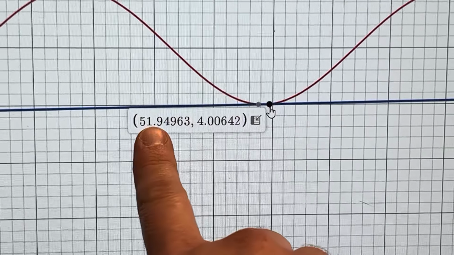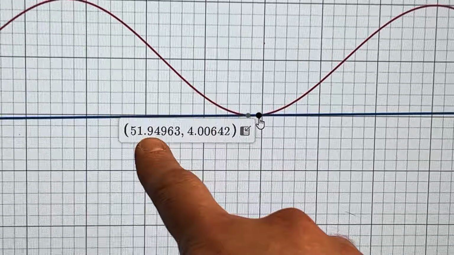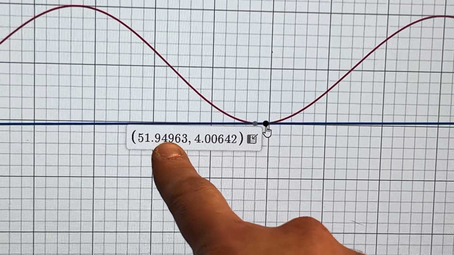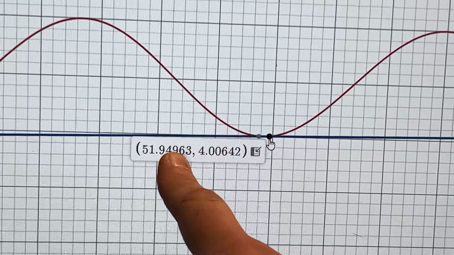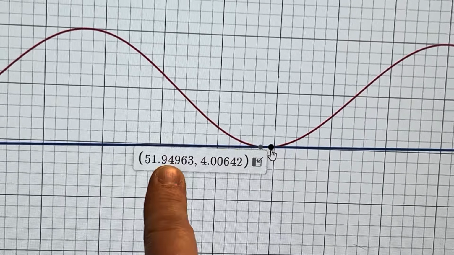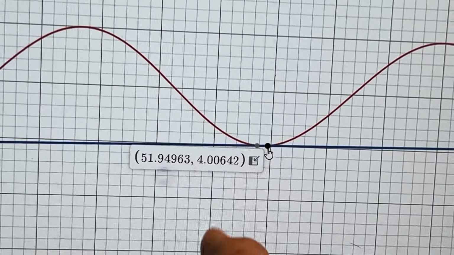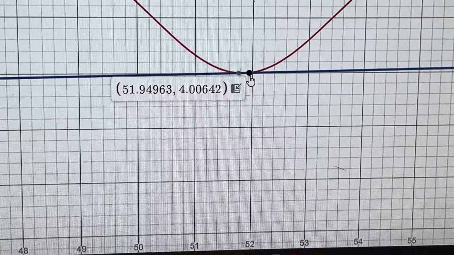So 51 point, however you want to round that. I could do 9.5, or if I did 949 and wanted to round, 6 rounds it up, so it'd be 950, you could say 9496, whatever. You say 0.9, but that x value is the answer.